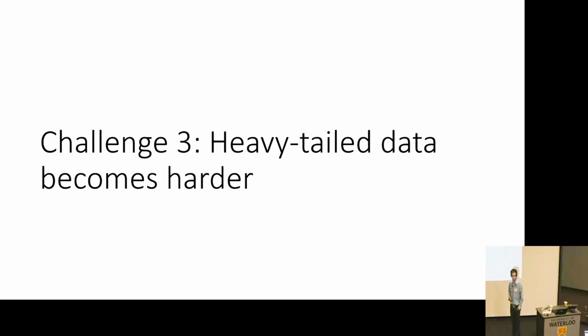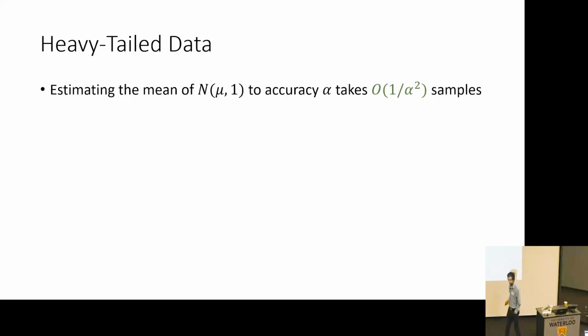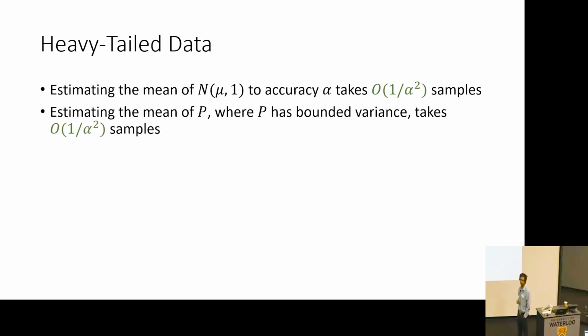And the third thing I'll mention very briefly is that heavy-tailed data becomes harder. What do I mean by that? What I've told you already 4 times or so is that estimating the mean takes this many samples. But you can also consider a setting with fewer assumptions on your data, where instead of knowing it to be sub-Gaussian, let's just suppose that the variance is bounded. So only the second moment is bounded, maybe higher moments are unbounded.